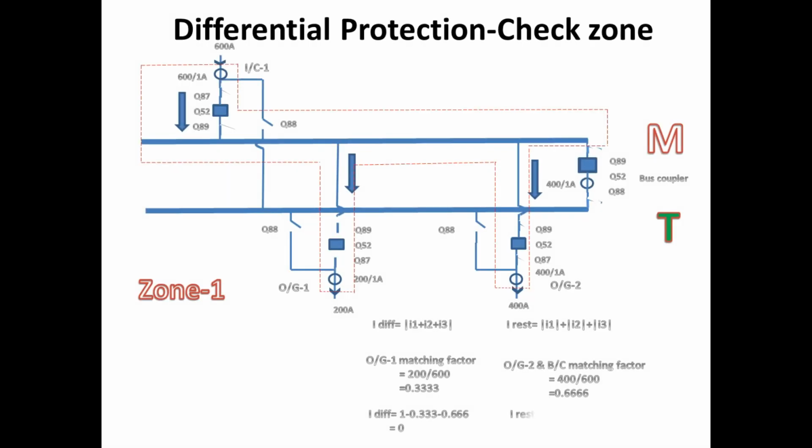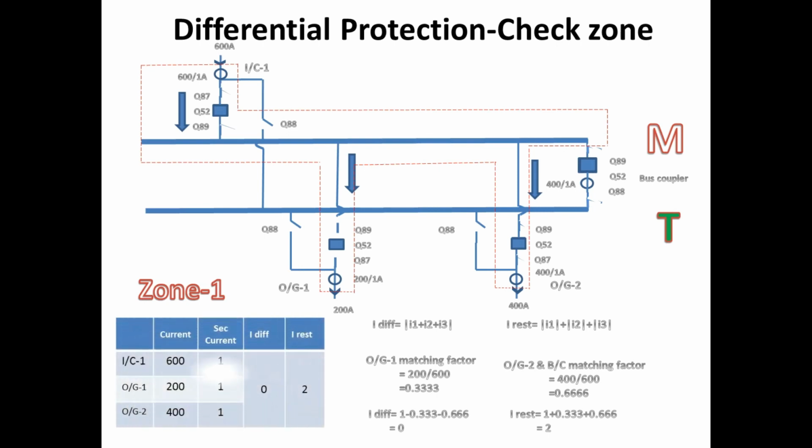And when you see the I restrain, the formula for I restrain in busbar is modulus of I1 plus modulus of I2 plus modulus of I3, that is, it will not consider the minus sign, whatever currents there are, it will add. So we add all the currents, it is approximately 2. So now the bus is in stable condition. Now it is still fine, we don't need a check zone here.